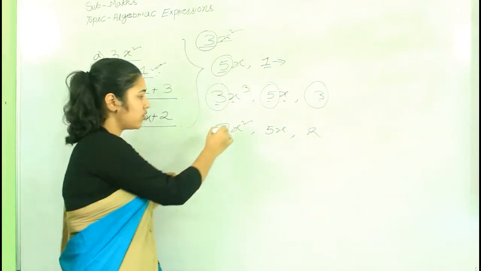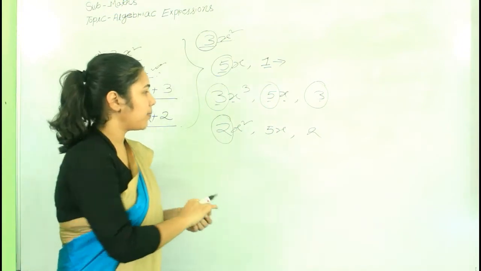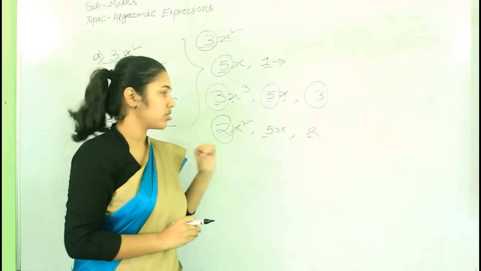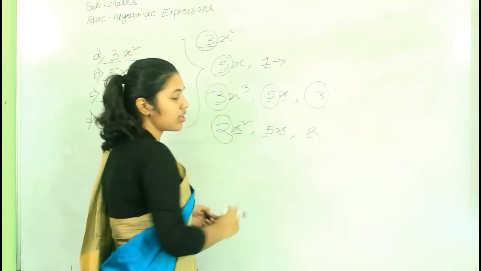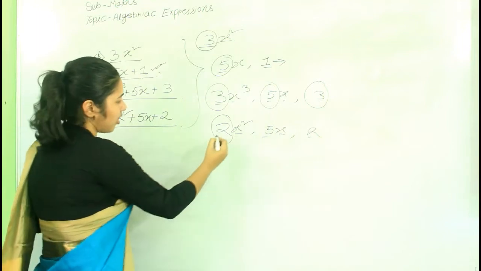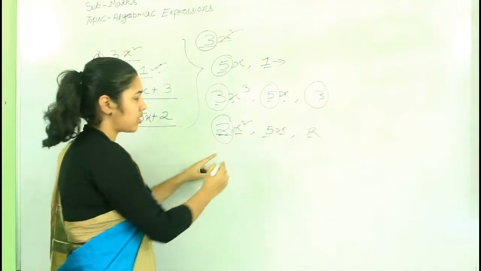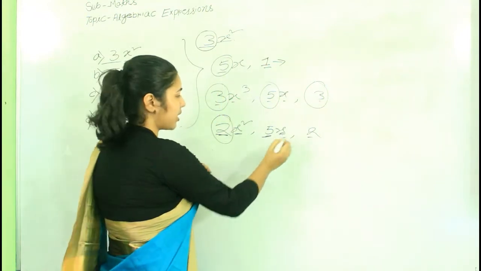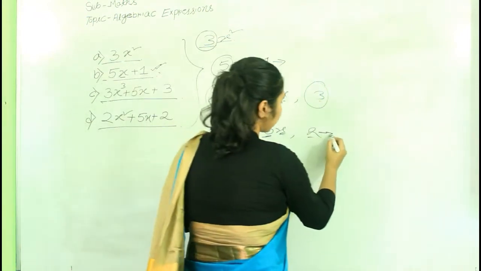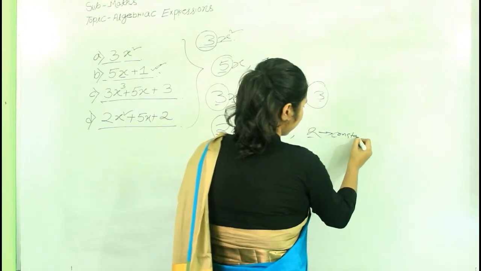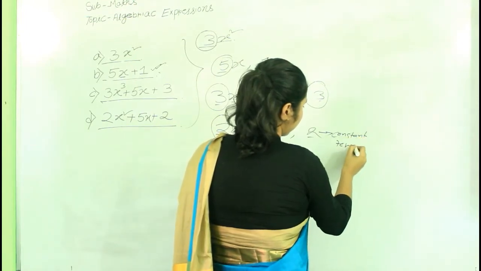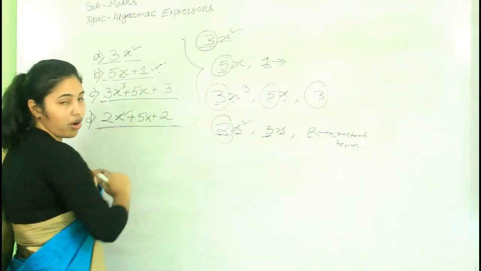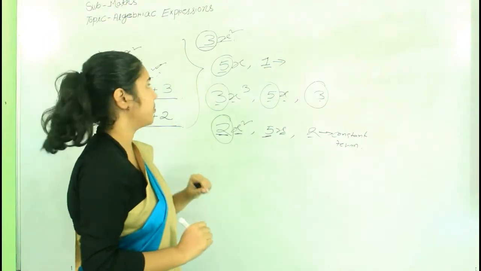Now here also 2, 5 and 2 are the constants and x is our variable, right? Now here 2 is the coefficient of x square, 5 is the coefficient of x and 2 is the constant term of this algebraic expression.